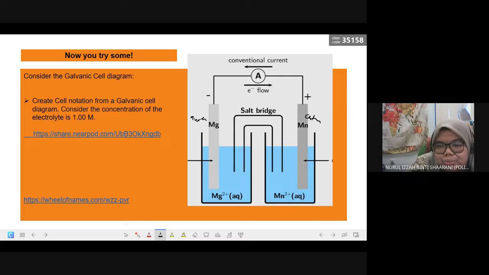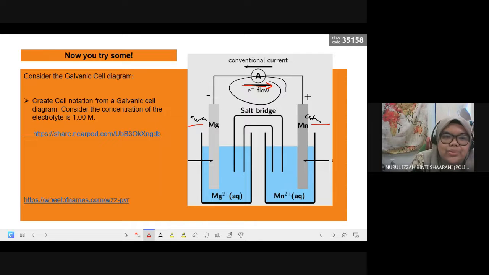Macam mana nak tahu ni madam? Dah bagi hint dah kat sini. You see ada electron flow. Electron flow only have one direction from anode to cathode. Kalau electron flow dia ke sini, that means this one is anode, this one is cathode. Itu je lah hint dia.